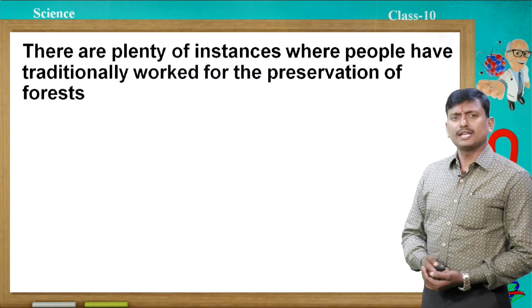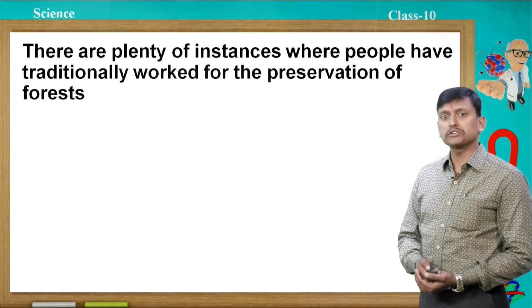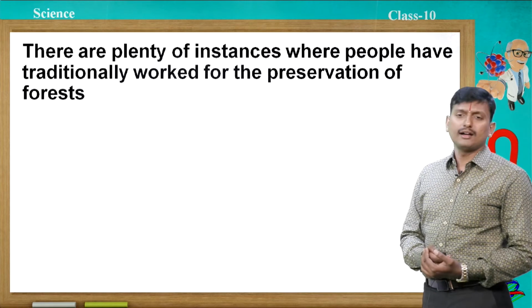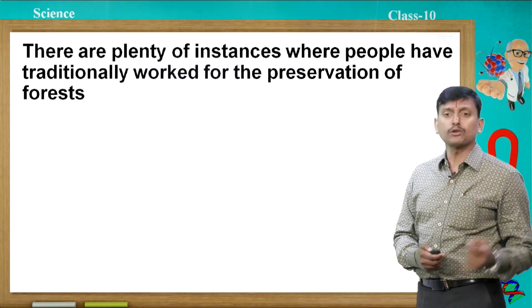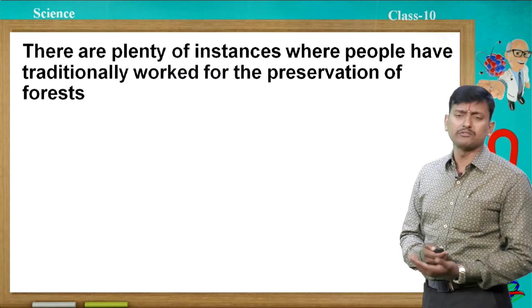Understand? There are plenty of instances where people have traditionally worked for the preservation of forests. Not only educated people, but also uneducated people fight for the environment and protect it.